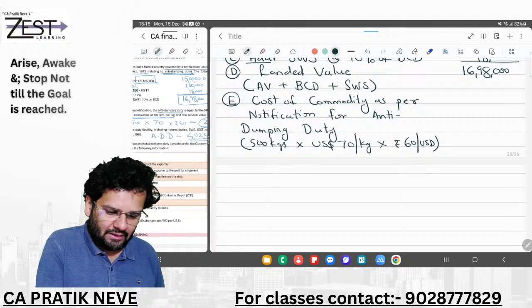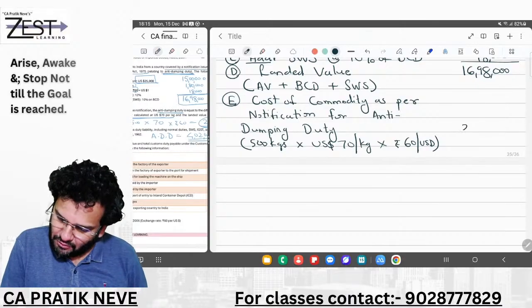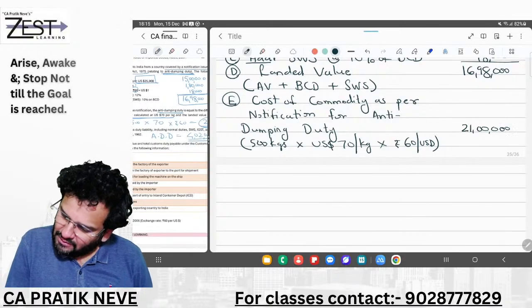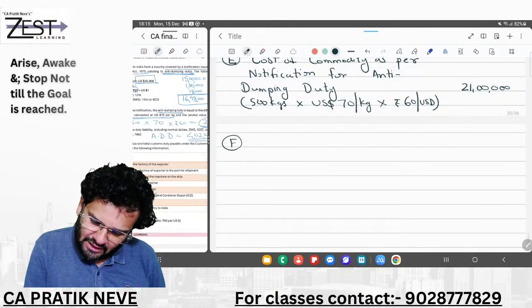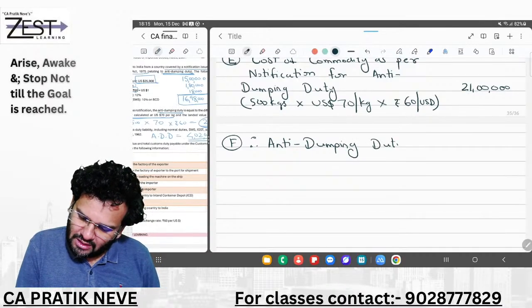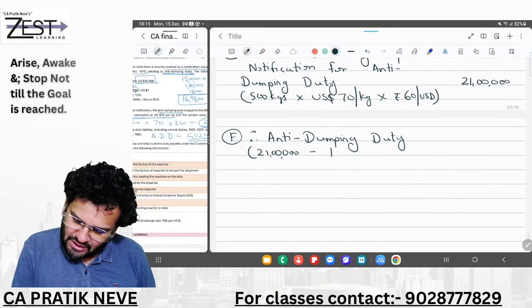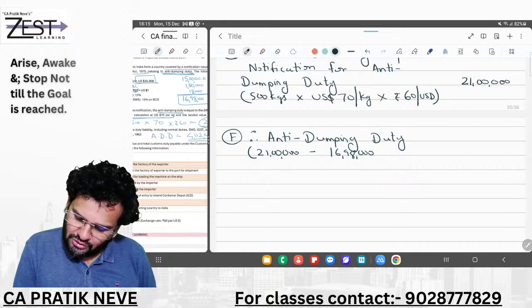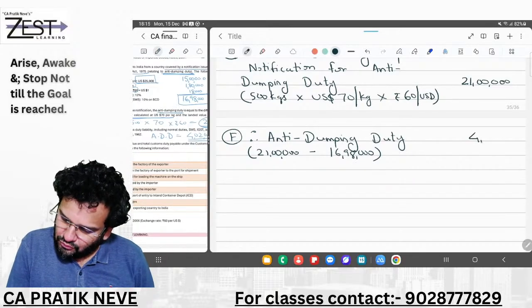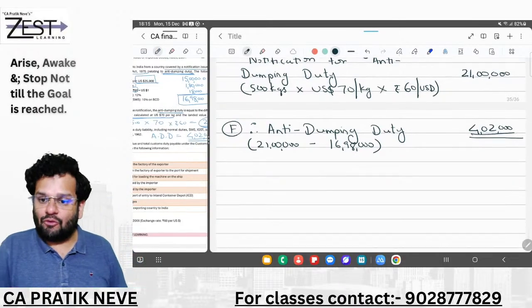So you must be getting 21 lakhs. Perfect, 21 lakh. Now get F point, therefore anti-dumping duty. So your anti-dumping duty shall be 21 lakhs minus 16 lakh 98,000. So isn't it 4 lakh 2,000? That is your anti-dumping duty. Now friends, go ahead.